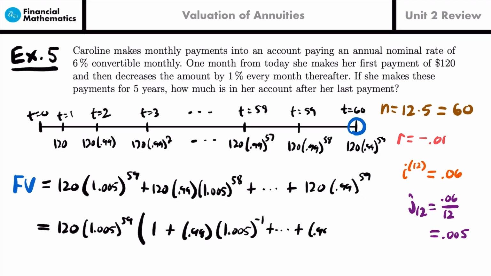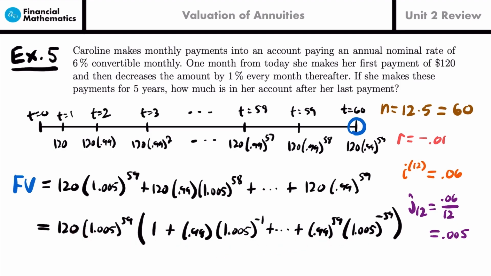You'll have 0.99 to the power of 59 times 1.005 to the power of negative 59. I hope that makes sense. We don't have any of those factors there. So if you're factoring out 59 of those factors, then you're going to be left with negative 59 of those factors. So now we've pulled out the first term out of all of the other terms.